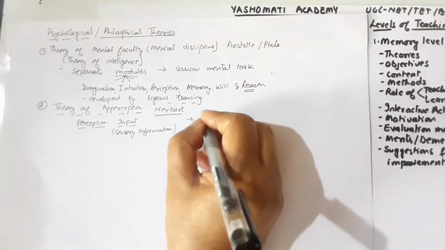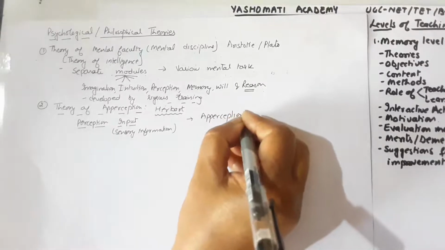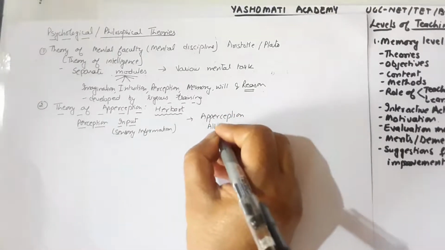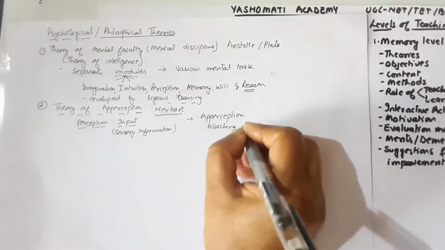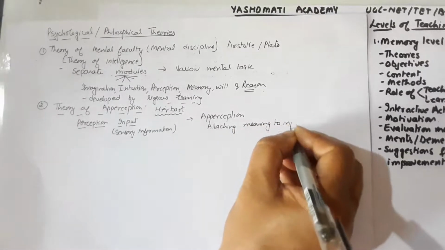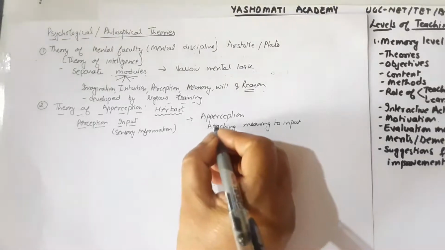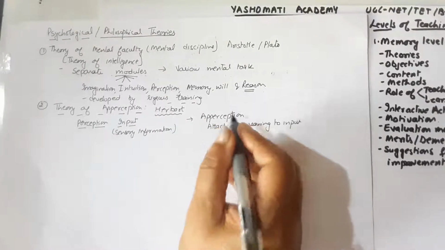Whereas apperception means attaching meaning to input. That means whatever we are perceiving from the environment, whatever information we are gaining through our senses, if we attach some meaning to it, that will be called apperception.